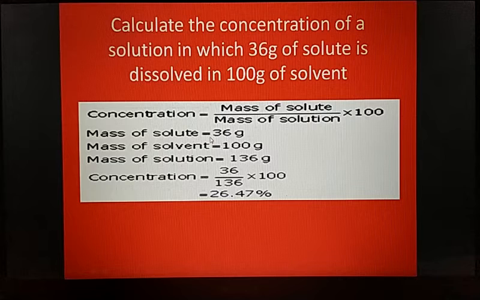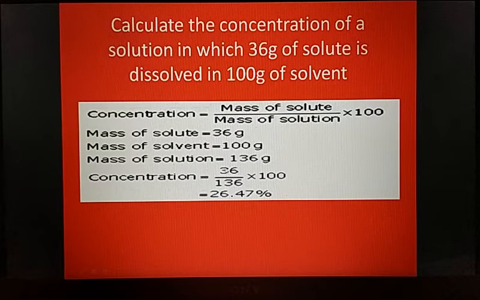When you add a solute to solvent, then you get a solution. That means initially what we need to do is add this 36 grams to 100 grams. So it will become 136 grams, which is basically the mass of solution. Now after this, you can put these values in this given formula, that is mass of solute upon mass of solution into 100.